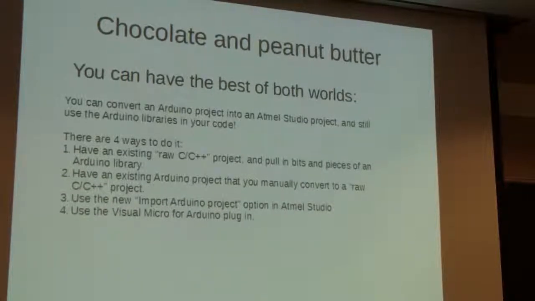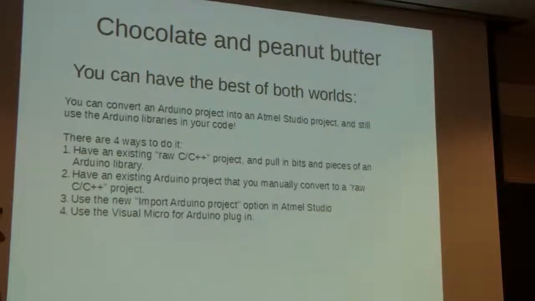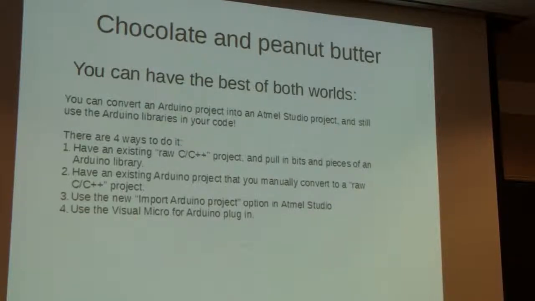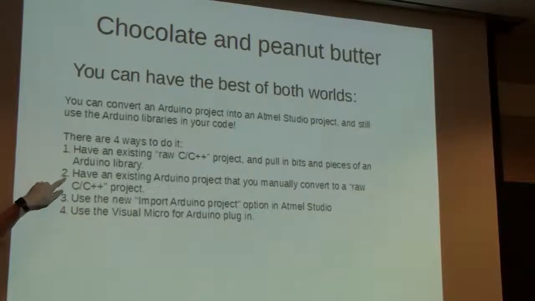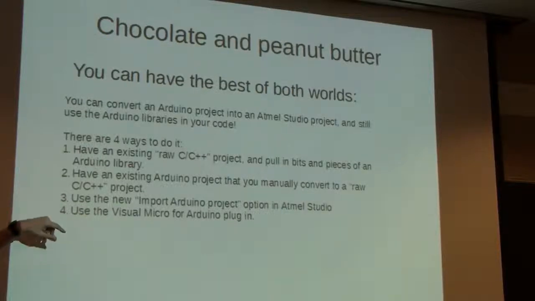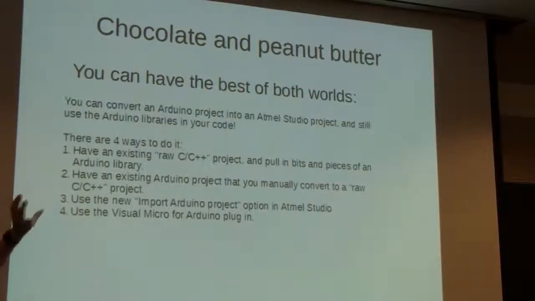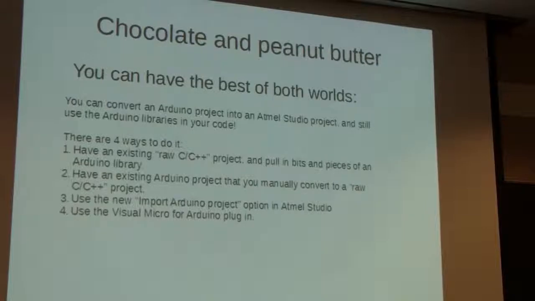You can take an existing Arduino project and manually convert it. And it used to be, up until a couple years ago, these first two were really the only two ways to do it. And I've done this several times, and it's slightly painful, but once you get past the pain, it's great. It's a one-time thing you have to do.